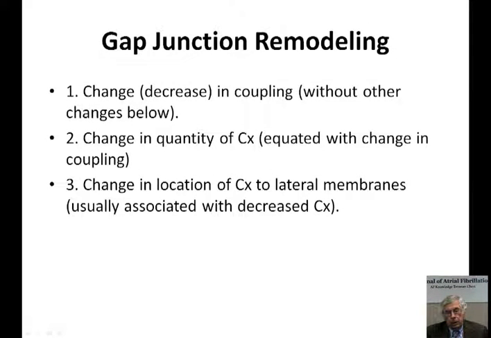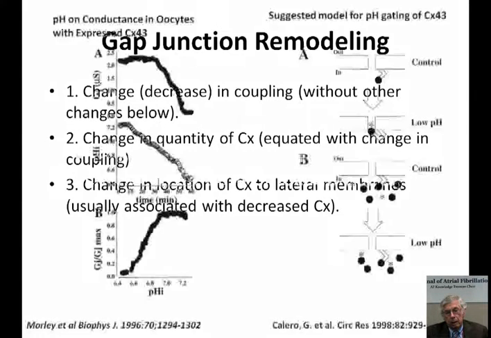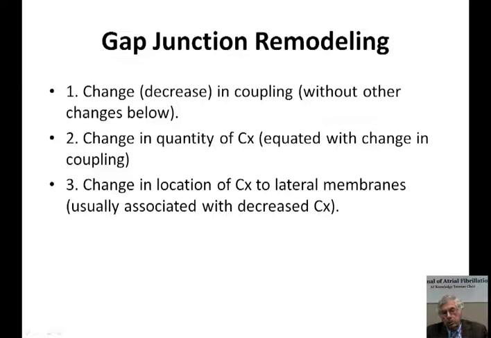So let's look at a change in coupling and remodeling without a change in the amount or location of connexin. This is best demonstrated by the effects of low pH on the connexin channel conductance.